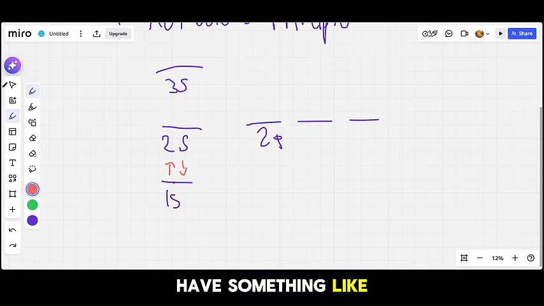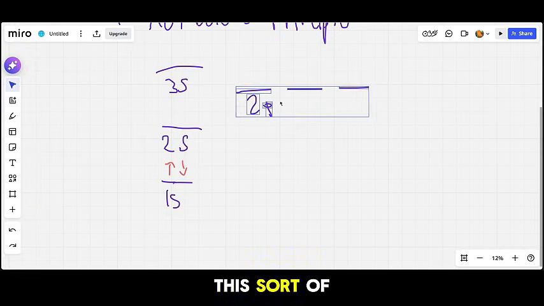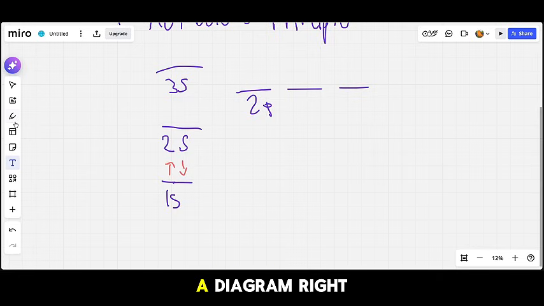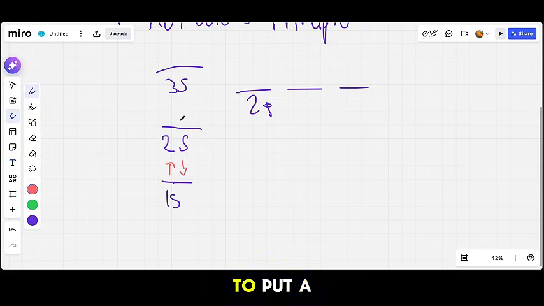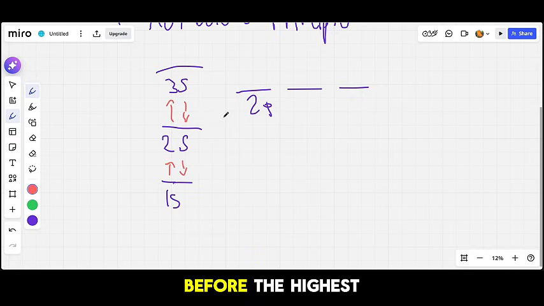So if you have a diagram like this, you need to put an up arrow first, and then a down arrow before you go upwards. If you have something like this, you need to fill those lower orbitals up first before you go to the very highest energy level.